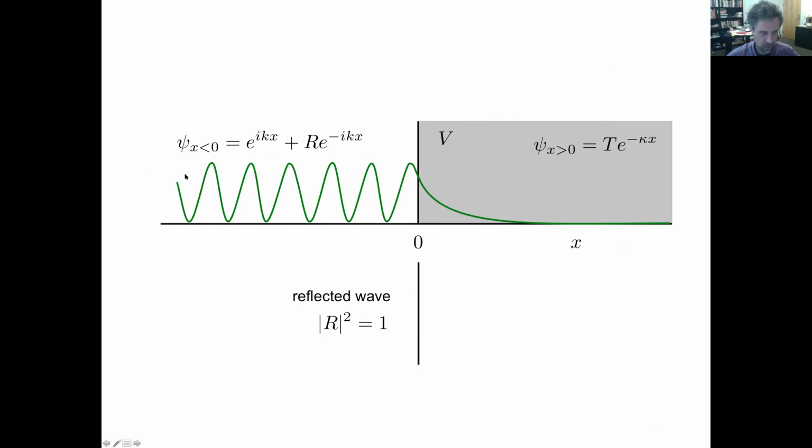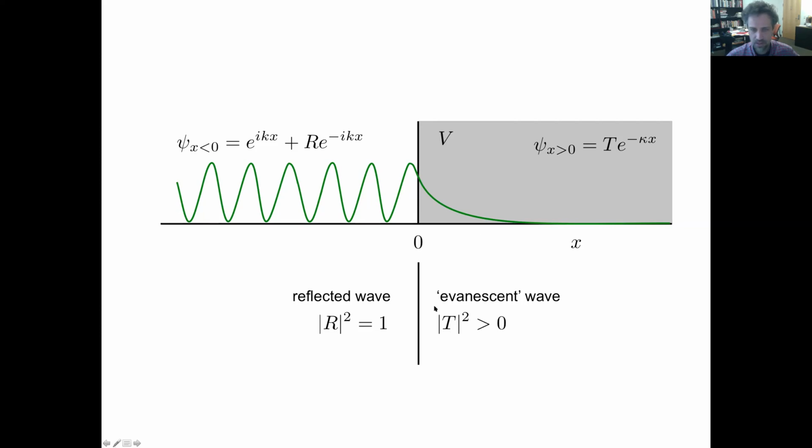That means if the particle comes here and bounces against this wall, it will come out with a probability of 1. On the other hand, there is a probability of finding the particle in the barrier. There are moments that you can find the particle in the barrier, and the distribution is given over here by the wave function. That is a chance larger than 0, as we just saw, because t modulus square is a value larger than 0.